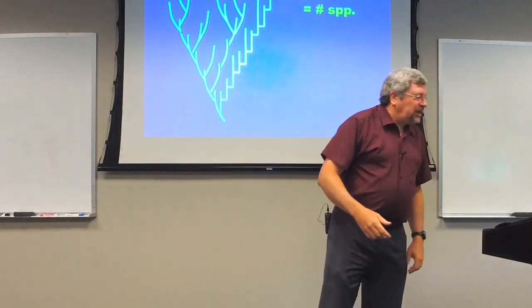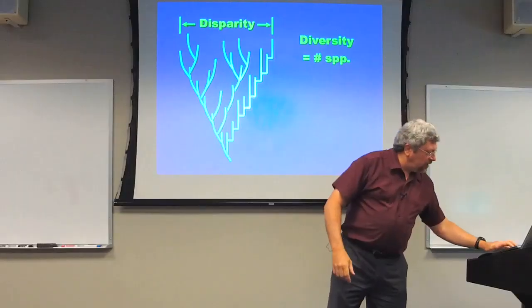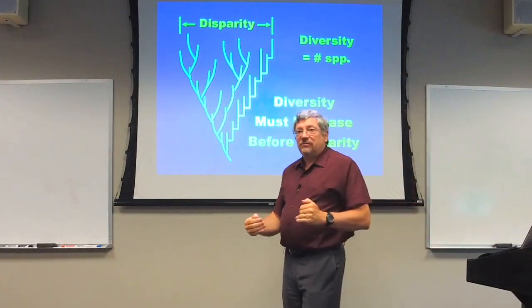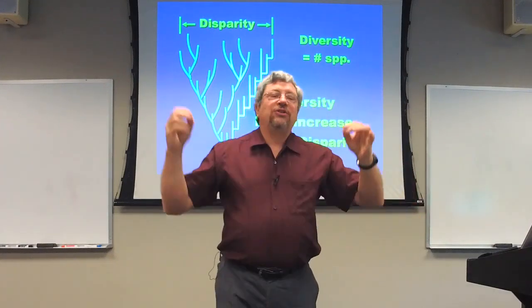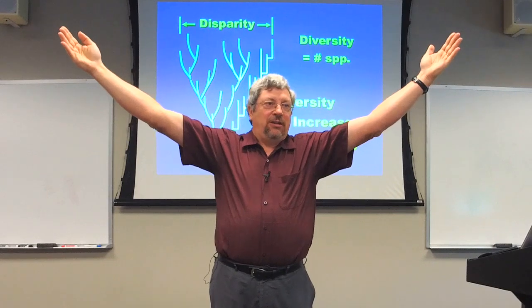In order to get a wide tree, which would represent great disparity, you've got to have lots of branches come up. You must increase the diversity of organisms in order to get to great disparity.